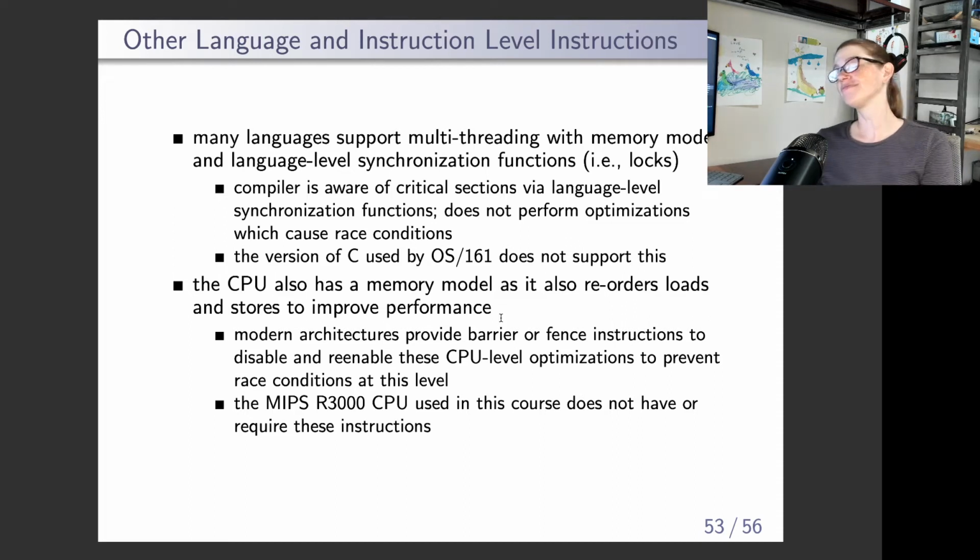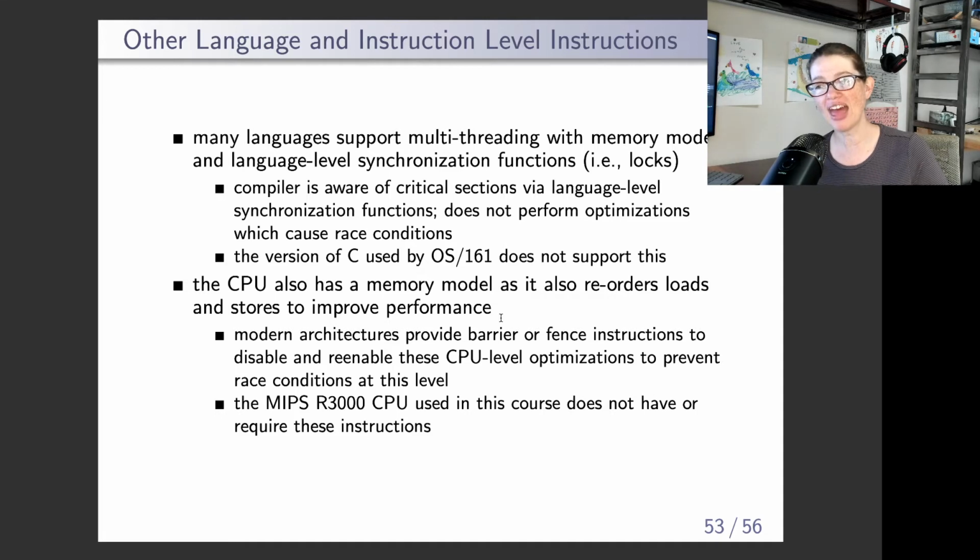Now, that's really the only language level control that we have in this course, because we're using an ancient C standard. I don't recall if we're using C89 or C99, but it doesn't matter. We don't really have a lot of the other problems associated with multi-threading in C. However, if you look at the latest C standards, they actually have a memory model and language level synchronization.